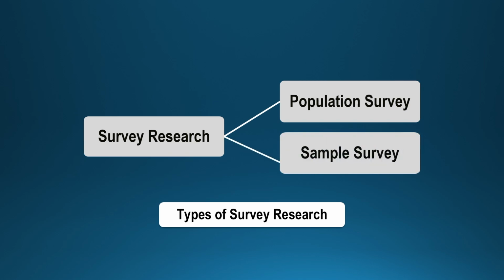Normally, surveys are sample surveys. A sample is normally selected from the defined population, the sample is representative of the population, and then data is collected and the findings are made generalizable to the population.